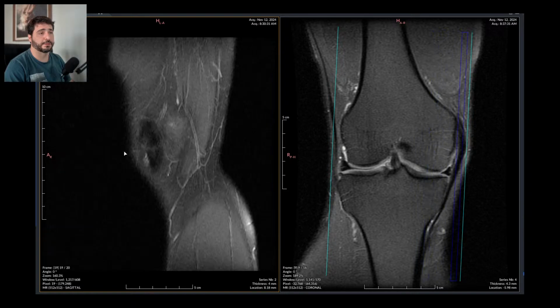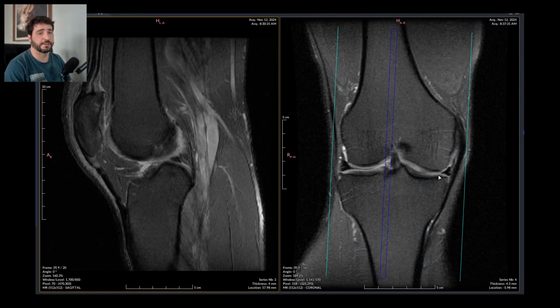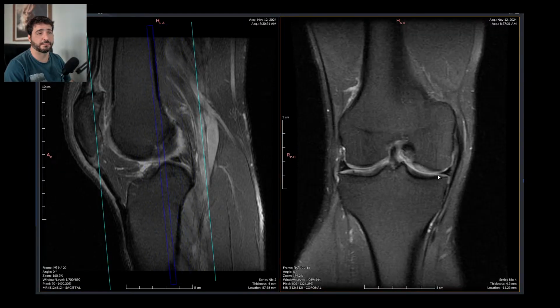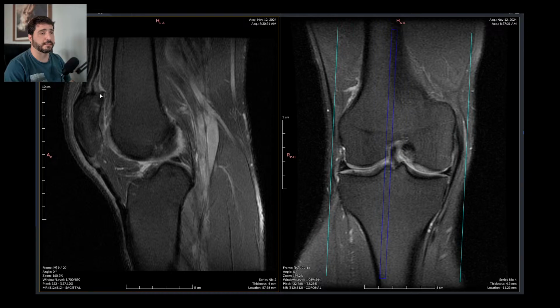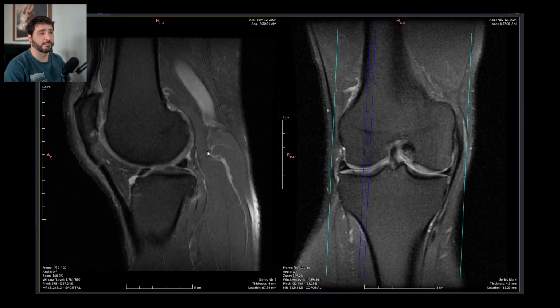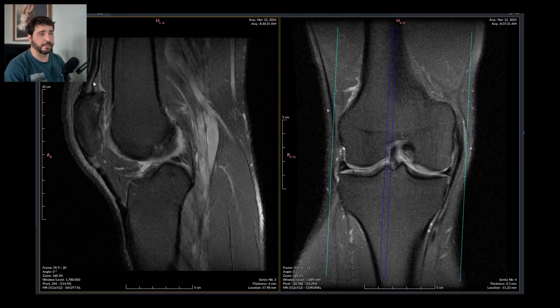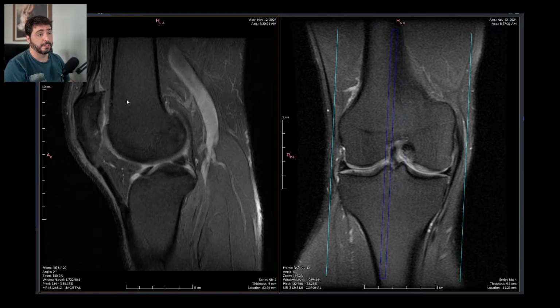Right, this is sagittal PD with fat saturation. This is coronal PD with fat saturation. I can already say there is arthrosis, mild arthrosis of the patellofemoral compartment. There is mild tendinopathy or tendinosis or tendinitis of the quadriceps tendon right there.